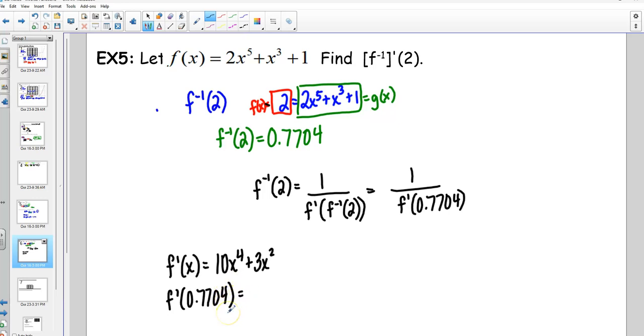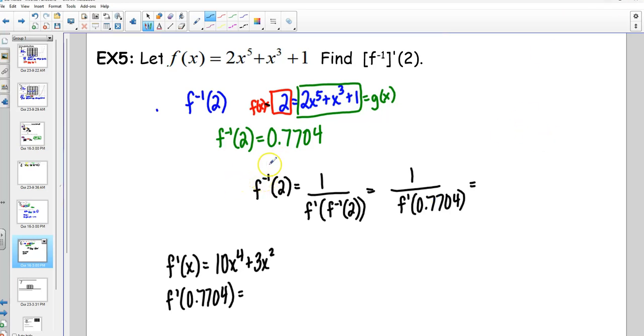I was going to let you guys do this, but without the calculator, you need the calculator too much on this.